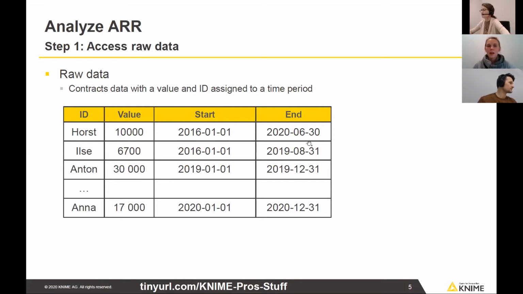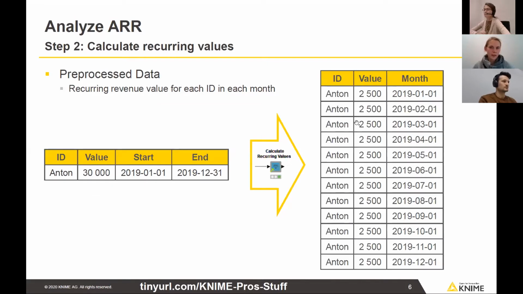Okay, now we need to transform this data into recurring values so that it looks like this. So each row in the original table, we transform into recurring values. What does it mean? We calculate all the months within the time range, so from the start month to the end month. In this case, we have a contract period of 1 year. So we have then at the end in the transform table, 12 months.